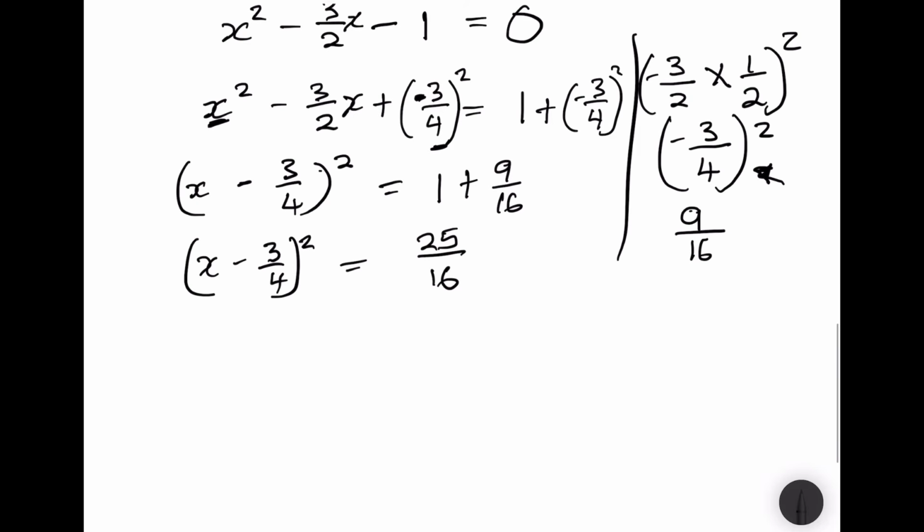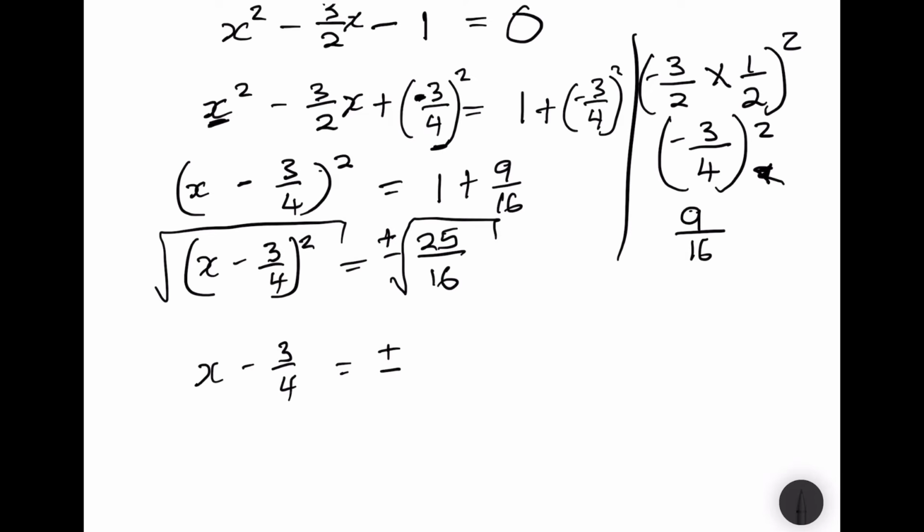Right, so now I can take the square root on both sides. And I said once I take the square root on both sides, please remember this becomes plus or minus. So now I've got x minus 3 over 4 is equal to plus or minus the square root of 25, which is 5, over the square root of 16, in this case 4.